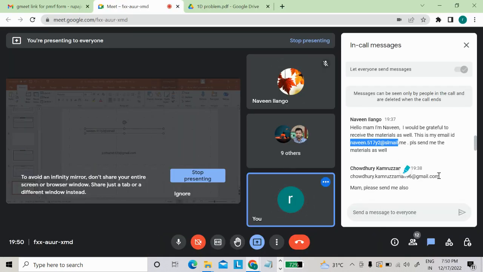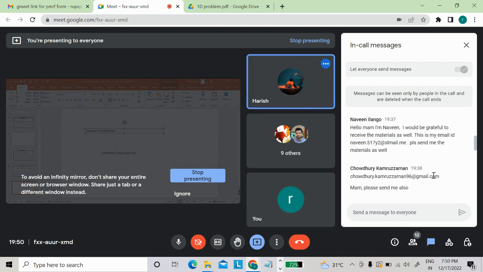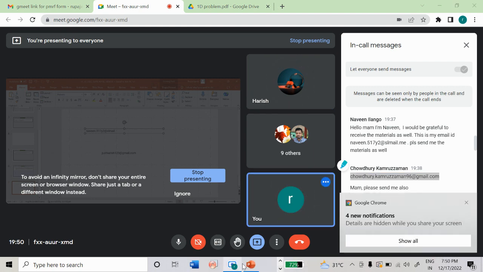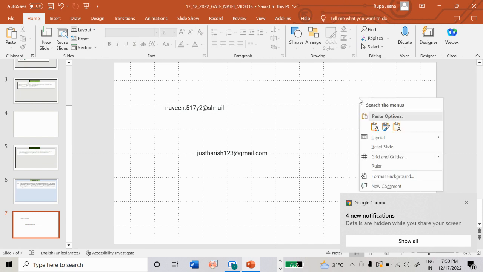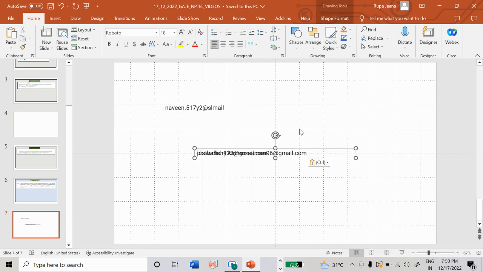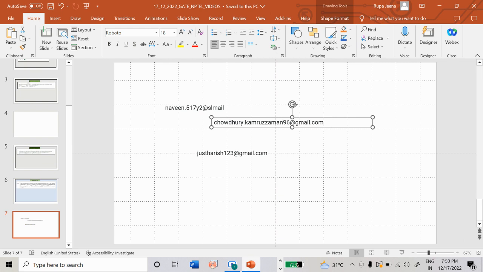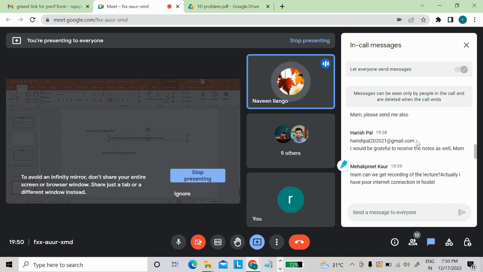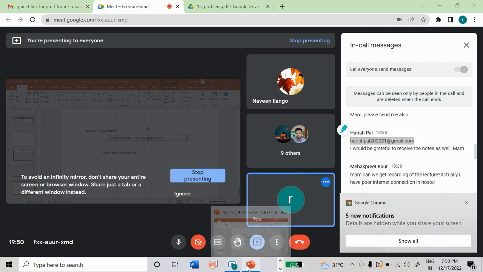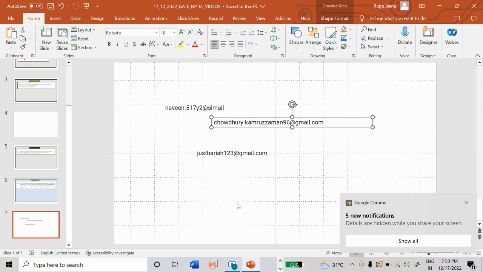Now one girl is Chaudhary. Telegram group is nice. We can make a Telegram group so that there I can share notes with you all. Telegram group is a good idea. Okay, okay. Yeah, that is why I had the confusion. So .me, right? Okay, okay.